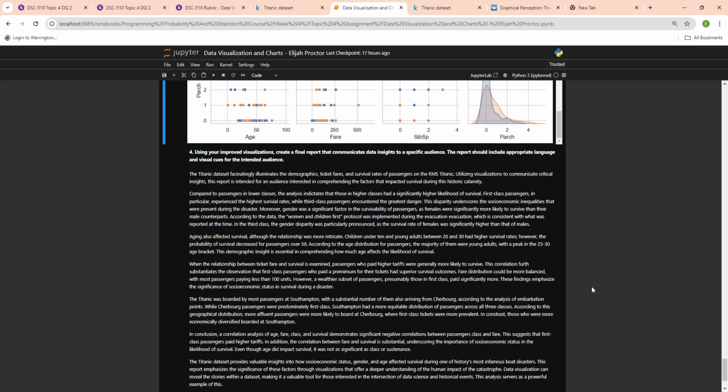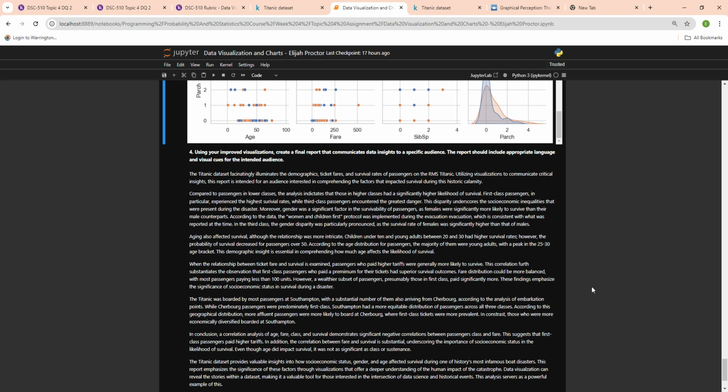We also found out that passengers who paid higher or more expensive ticket prices were more likely to survive. And this supports the idea that wealthier first class passengers had better outcomes. The fare distribution was skewed, with most paying less than 100 units, but a wealthier group, like in first class, paid significantly more, and this emphasizes the role of socioeconomic status in survival.